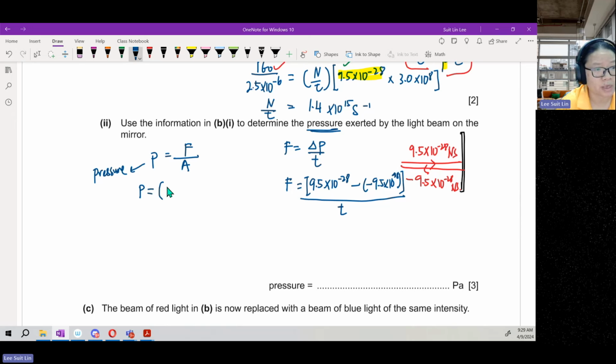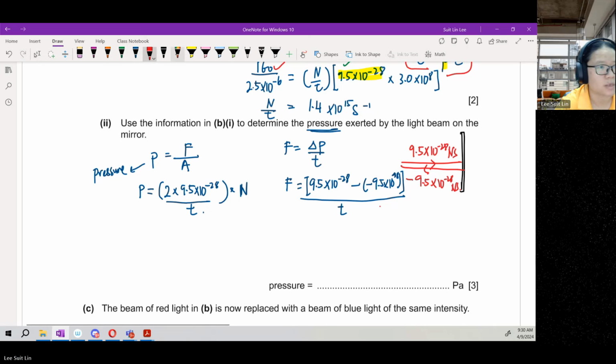Okay, anyway, let me put everything together first. 2 times 9.5 times 10 to the power negative 28, the change in momentum, multiply by the number of photons, divide by time.